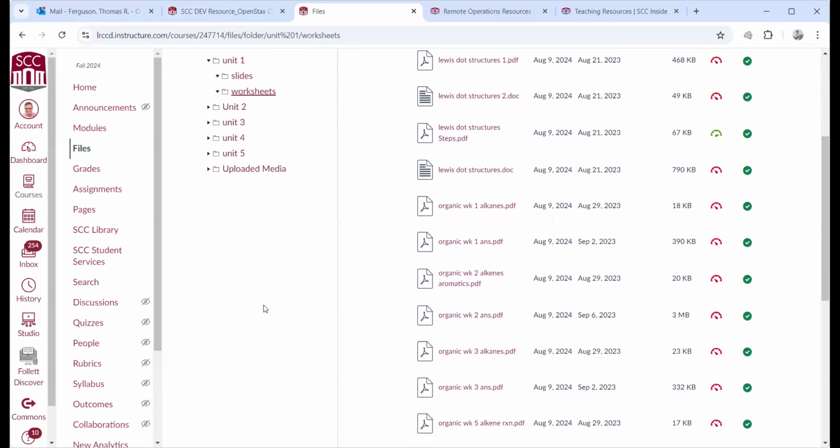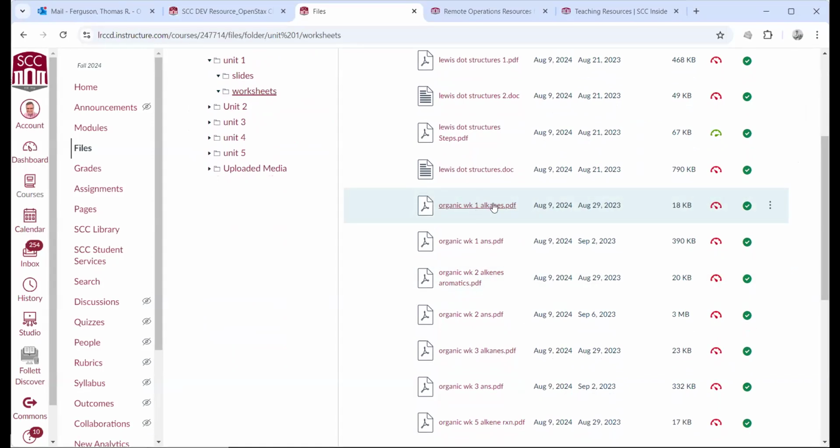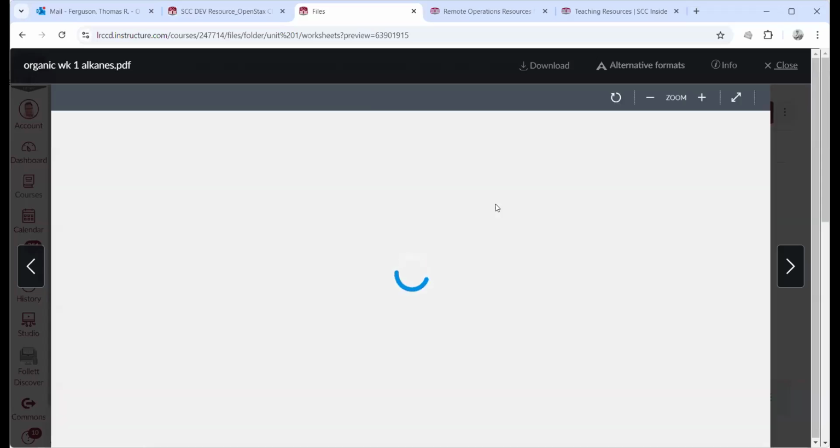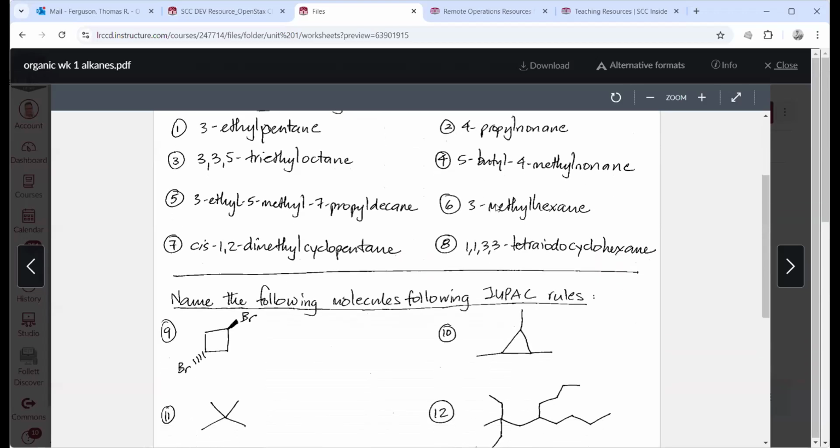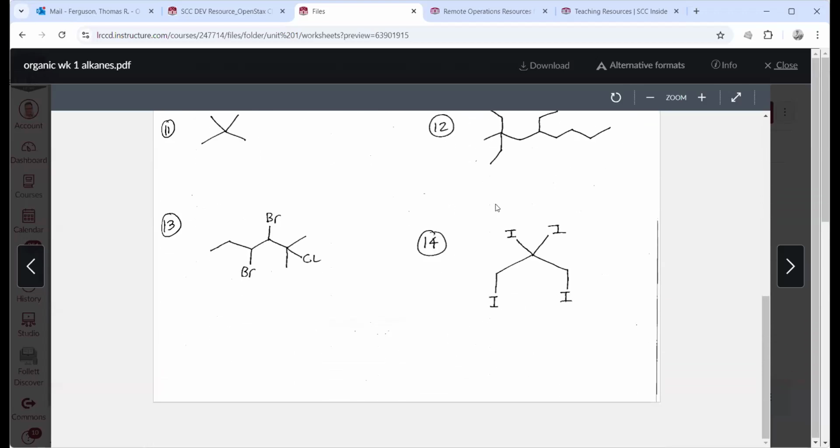For example, this one here. Lots of practice.